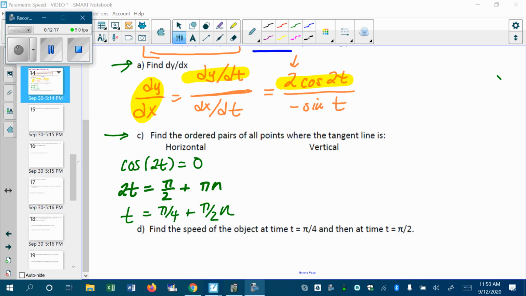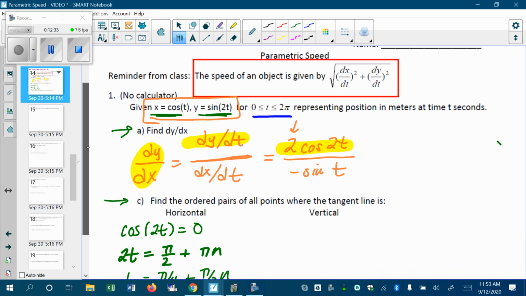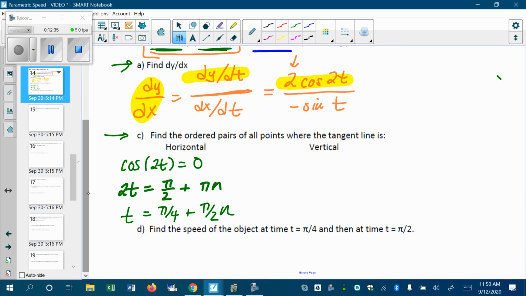When I divide through by 2, I get pi over 4, and then increments of 90 degrees, or pi over 2. So now if I substitute those values of t into my original equation, I can find the x and y coordinates that correspond to 3 pi over 4, 5 pi over 4, and so on, as you go around. So those ordered pairs, that's what I meant.